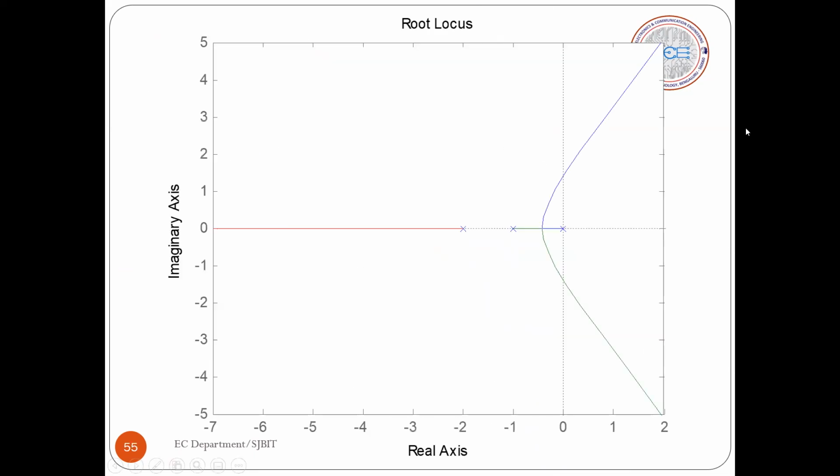So this is how it will look graphically if you compute this using MATLAB. MATLAB is a tool we have. You can use MATLAB to plot the root locus. You will get something like this.